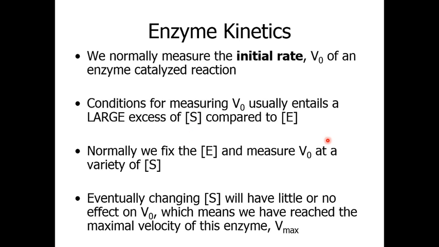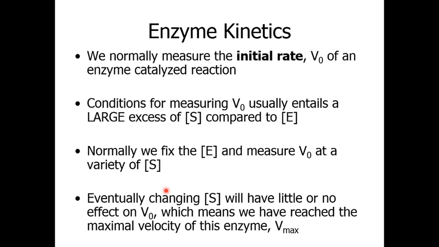So what this means is that when you're doing an experiment wherein you're converting a substrate to a product using an enzyme, you have to have a large excess of your substrate as compared to your enzyme, concentration wise. Normally, we fix the enzyme concentration and measure initial rate at a variety of substrate concentrations.